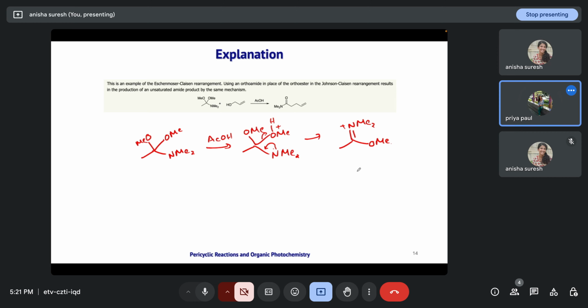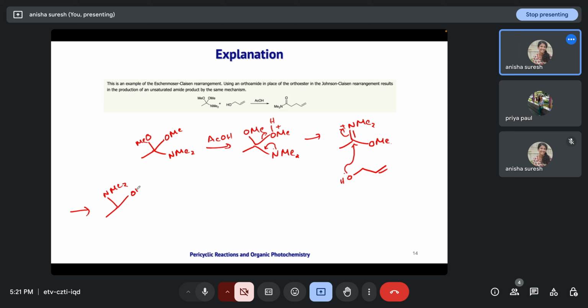Yes, okay. Now the allylic alcohol will be adding onto this iminium, resulting in the formation of NMe2 OMe, OH plus, and the allyl group.